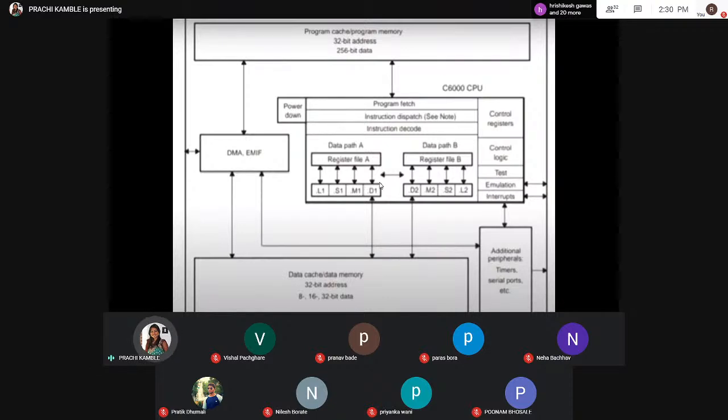That is why the processing power is very high. To use this DSP processor in a saving mode, or to lower its power, the power down unit is very essential at this stage. So it has the additional power down unit for the DSP processor. That is why it is performing faster operations.